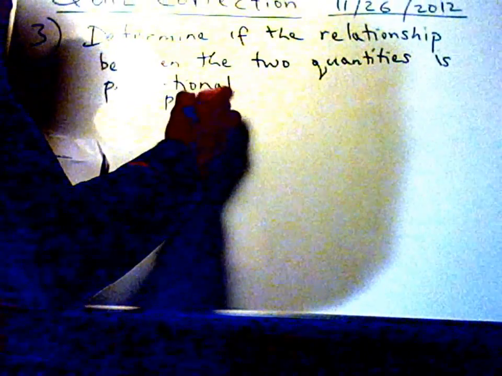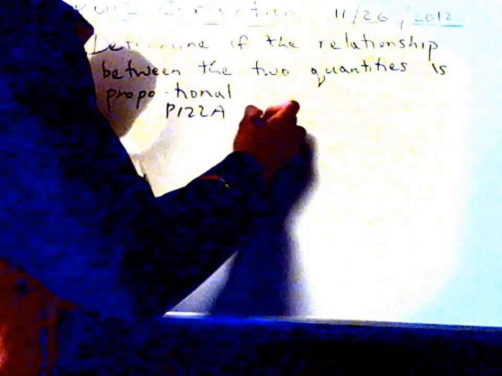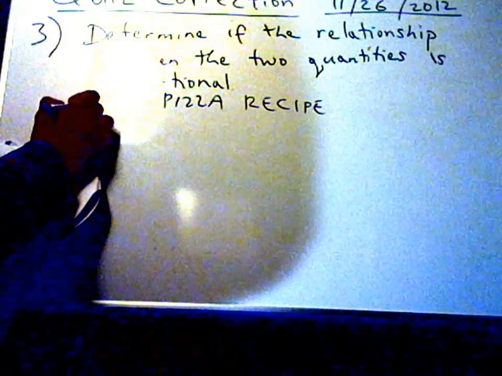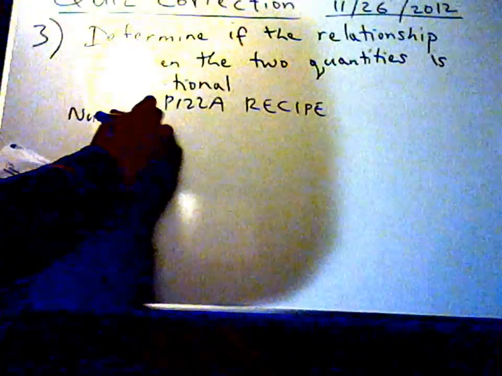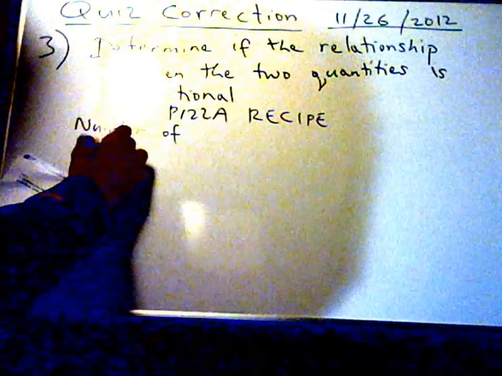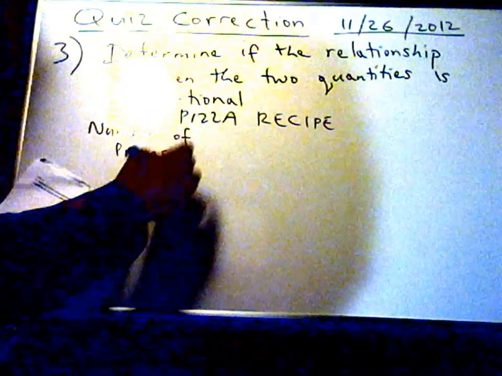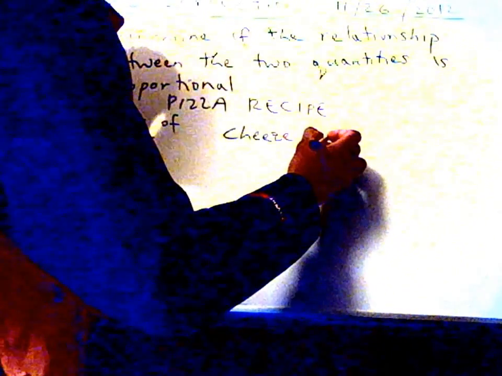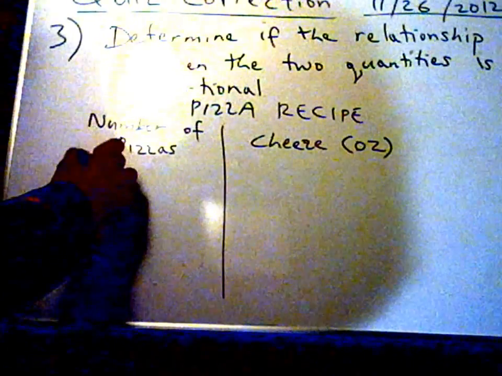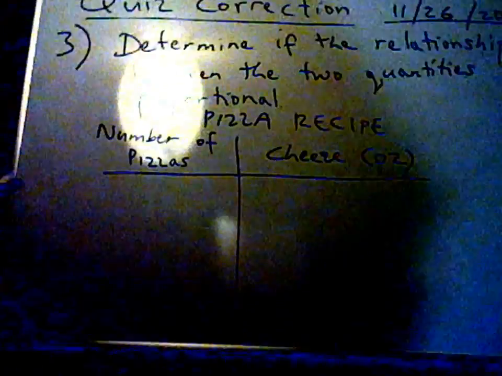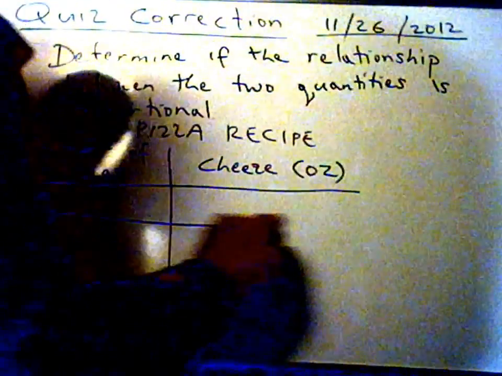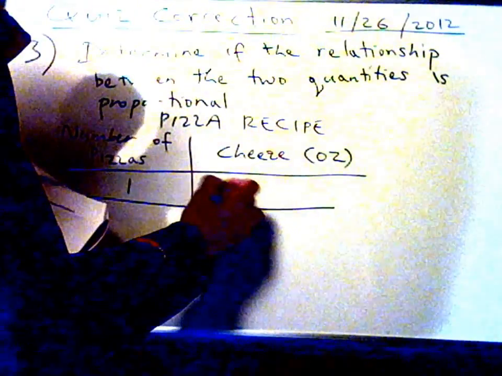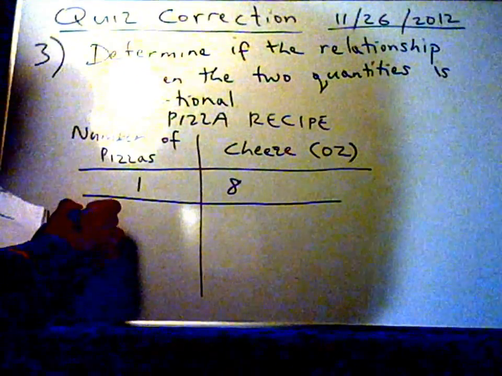So we have the pizza recipe, and we have the number of pizzas. We also have the amount of cheese in ounces. OZ stands for ounces. So for 1 pizza we have 8 ounces of cheese.